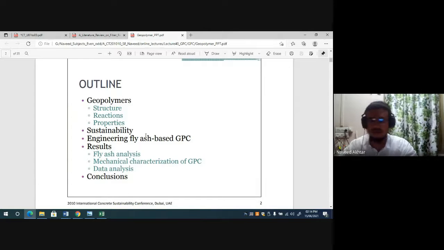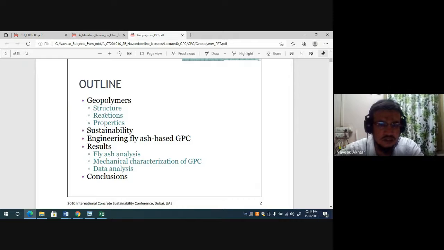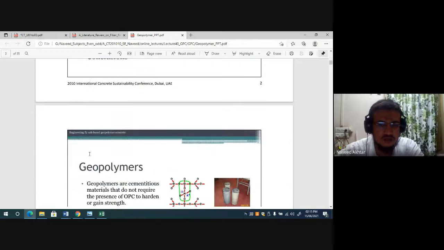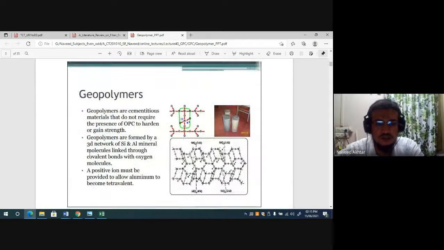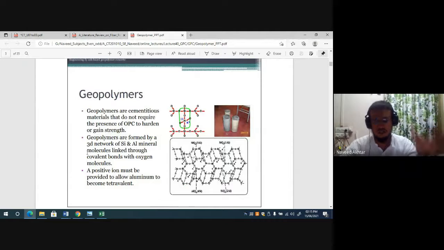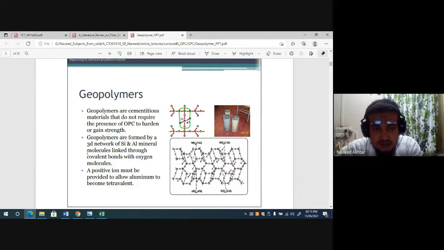You can see the geopolymers, their structure, reactions and properties here. Generally this is a concrete made without cement. In ordinary concrete, remember, the main ingredients are cement, water, aggregate, and admixture.